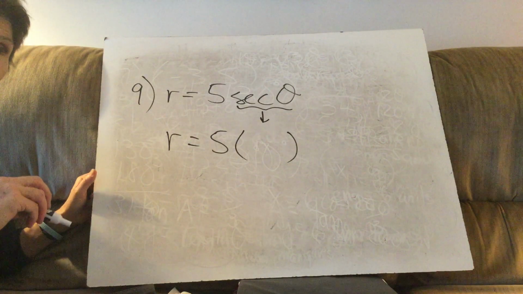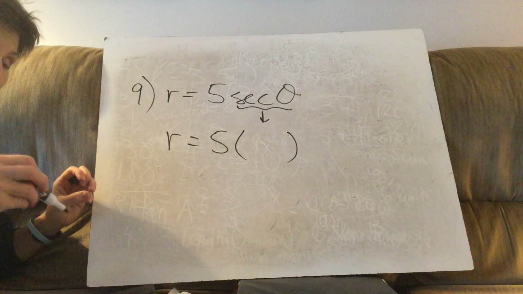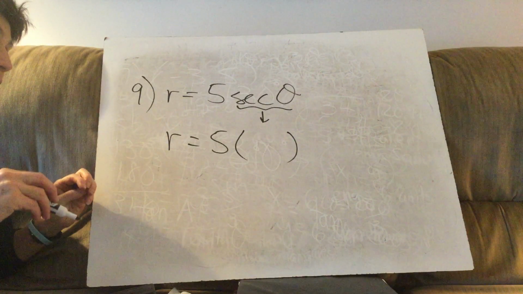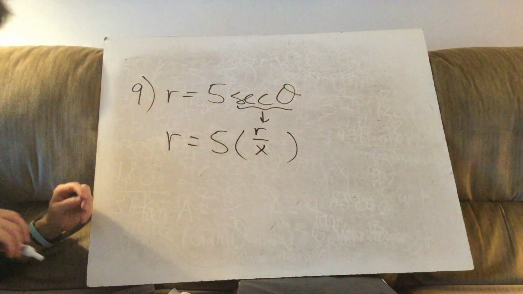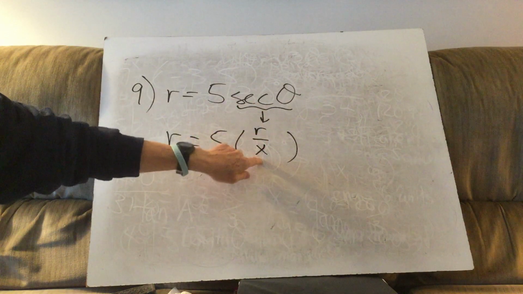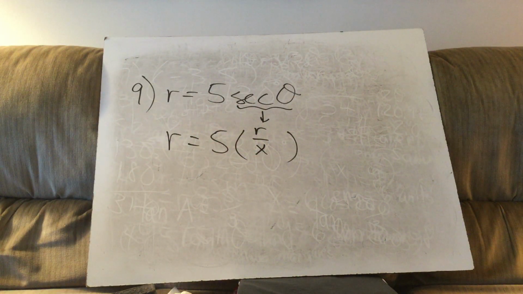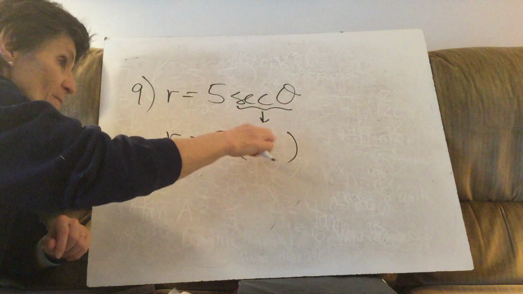I put the gold sheet in Schoology. If you've forgotten, or if you lost yours and forgot the definitions, you need to know them. The secant is r over x. So whatever function is in the problem, you replace it with its definition. Then we get rid of the fraction. This will always be a fraction.